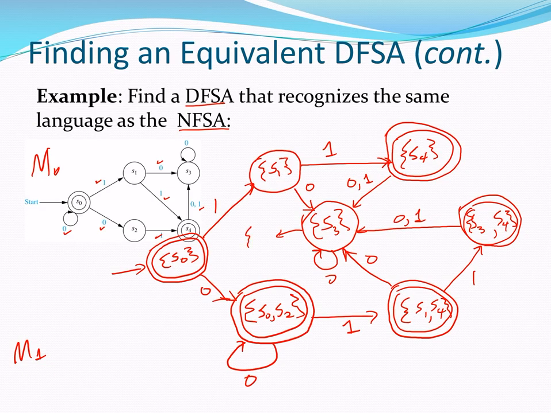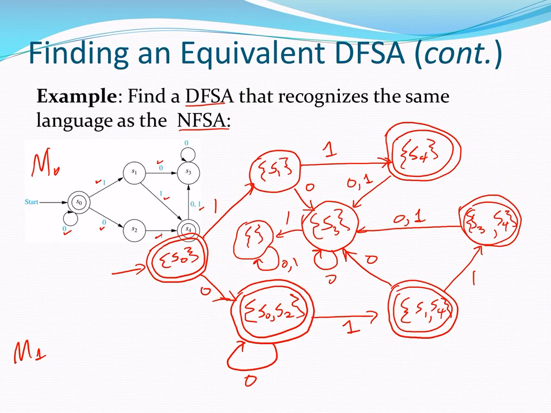So I have an empty set as a label for a new state there, and that's if a 1 comes in. Now with this state, it will always just stay there perpetually because there are no transitions in the NFSA for the empty state. And this is our DFSA equivalent of that NFSA.